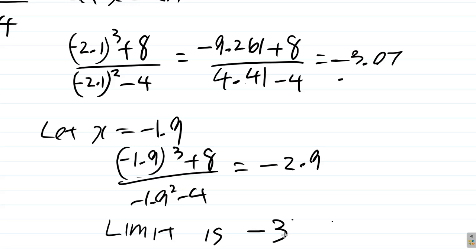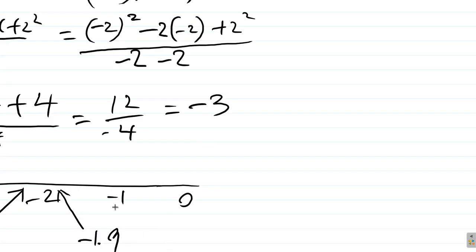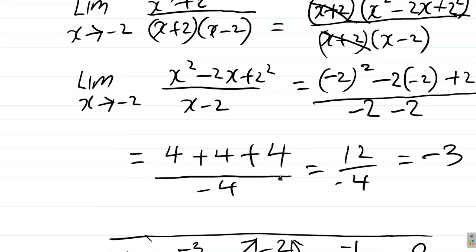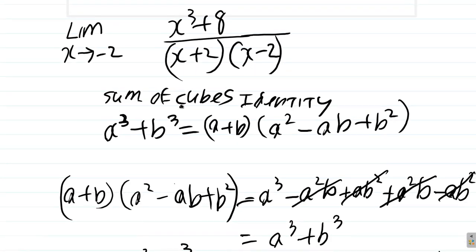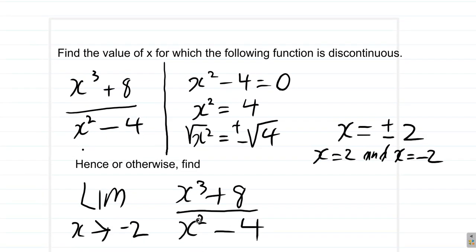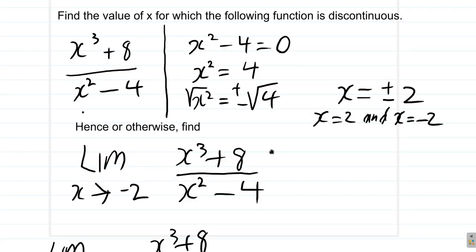You could just use a value that gets closer and closer to negative 2, because it says x tends to negative 2. Alright? So the limit is negative 3. So that's it for now. I'll see you in the next video.